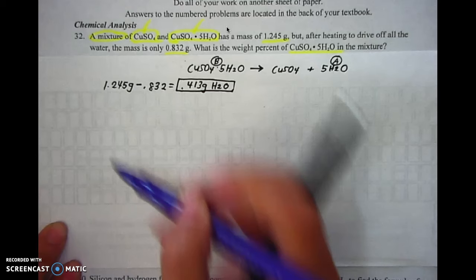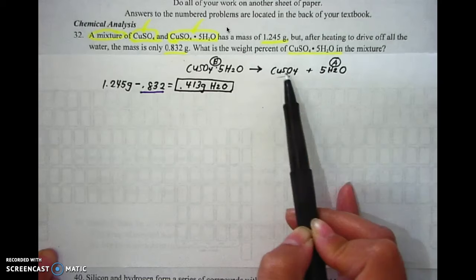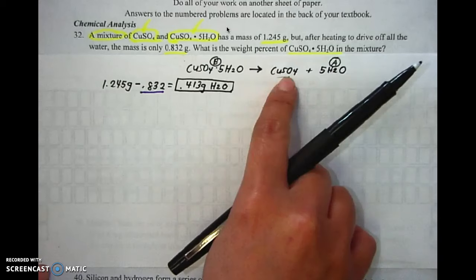The reason you cannot do that is that this is a mixture, and the 0.832 grams left over is from this copper sulfate after you heat it up, but some of it is also from the original copper sulfate that was in the mixture. So that's why we are beginning with water here.